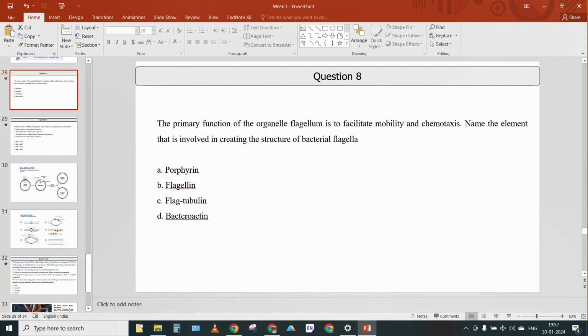That's why it's present in the largest amount, I think. Exactly, the correct reason. Good. So option B is the correct answer. Flagellin is the element involved in creating the structure of bacterial flagella. So moving to the next question.